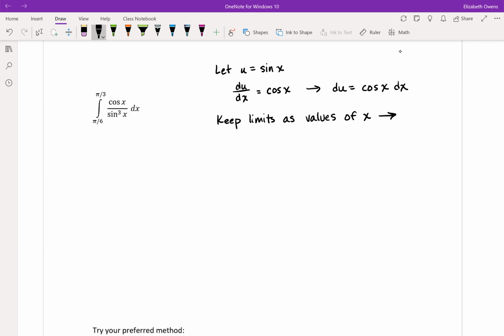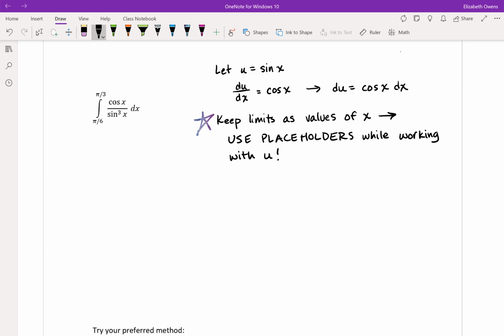And so we are going to need to use placeholders while we are working with this new variable u. Okay, this is very important here. You can really get yourself in a world of trouble if you try and keep your x limits on an integral that's all in terms of u.